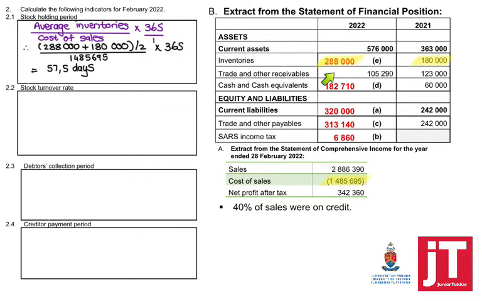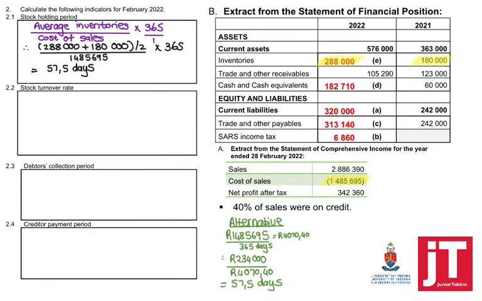Your inventories for 2022 is 288,000. End of last year, the figure was given to you 180,000. So beginning plus end divided by 2 equals the total, 57.5 days.